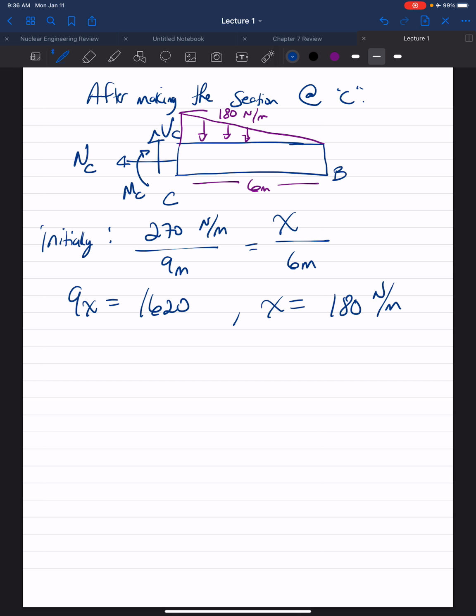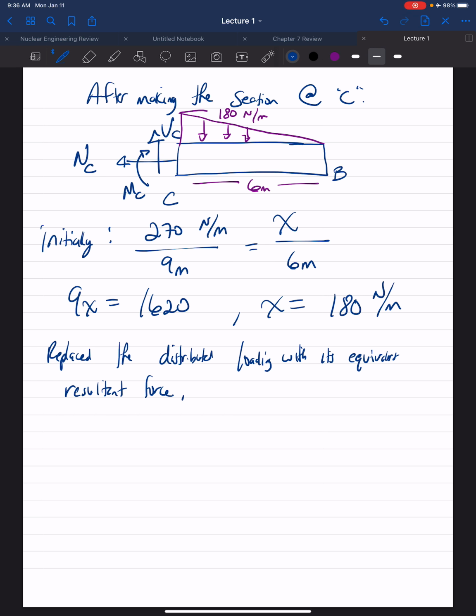So we know then we have to replace the distributed loading with its equivalent resultant force. And we know the magnitude of the resultant force is equal to the area under the loading curve.